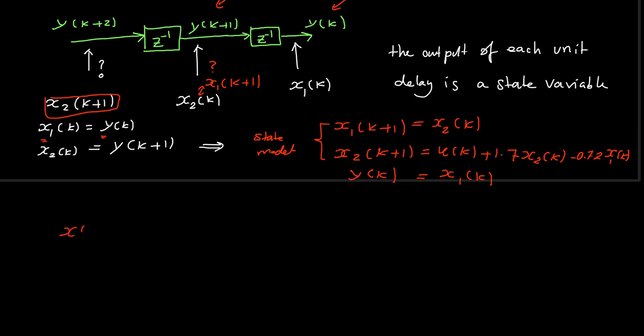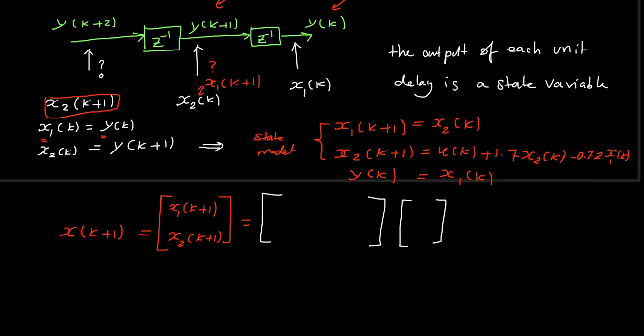We can say x of k plus 1, which is a vector now, consists of x1 k plus 1, x2 k plus 1, will equal a 2 by 2 matrix multiplied by x1 of k, x2 of k, plus a 2 by 1 matrix, because we have only one input here, multiplied by u of k.